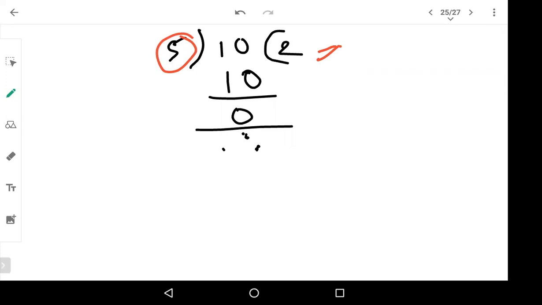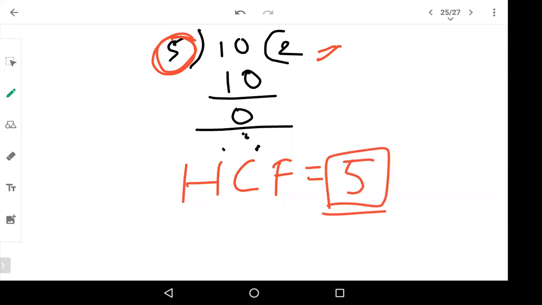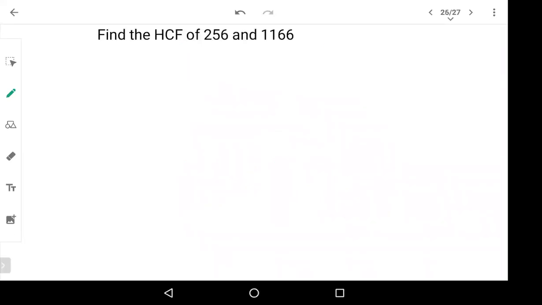In the division method, you are supposed to take this last number which we have divided, that will become the HCF. So, HCF is equal to 5. This is a little different from what we learned in factorization method. I'll repeat it again. Please listen carefully.